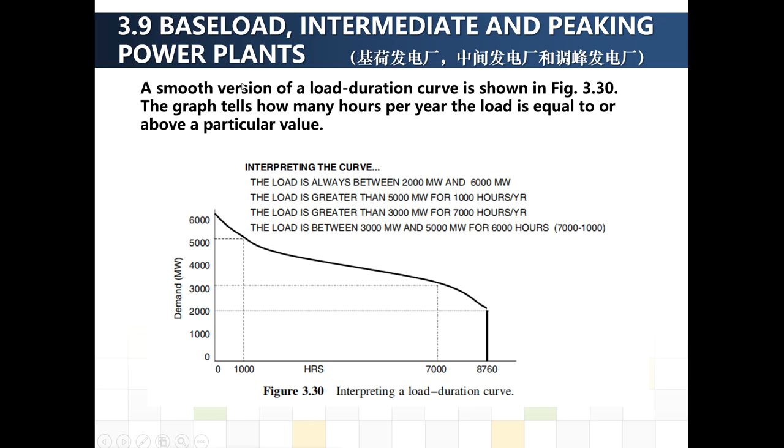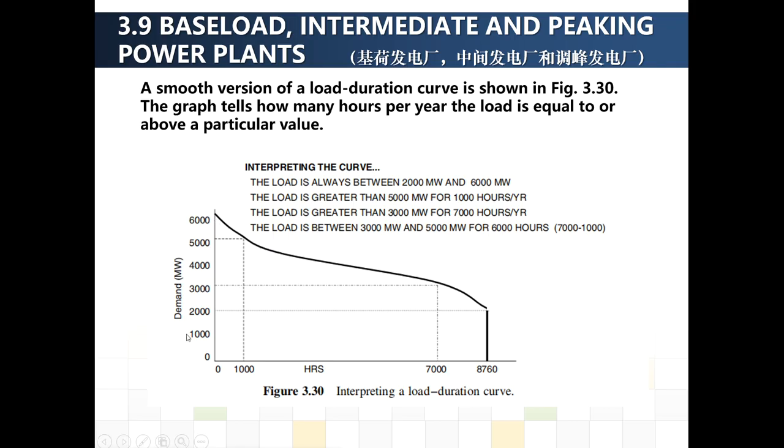This is a smooth version of a load duration curve. We will see that the load is always between 2000 and 6000, since the minimum load is 2000 and the highest load is 6000.